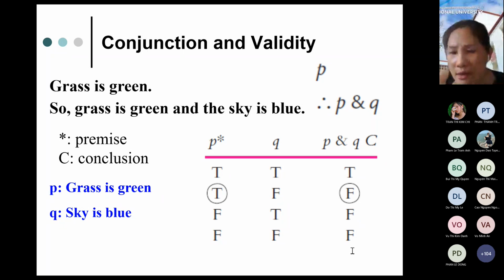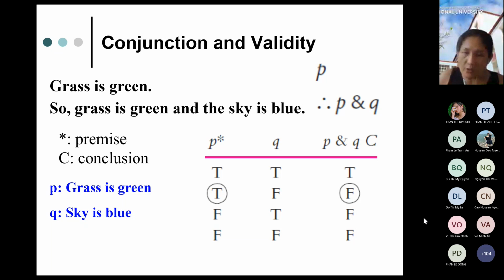Very good. Trần Giang Huy said we check rows number 1 and 2. Nguyễn Xuân Sơn said only 2. Trâm Anh said only 2. Be careful. Trần Thu Anh said 1 and 2. Please remember the validity rule.